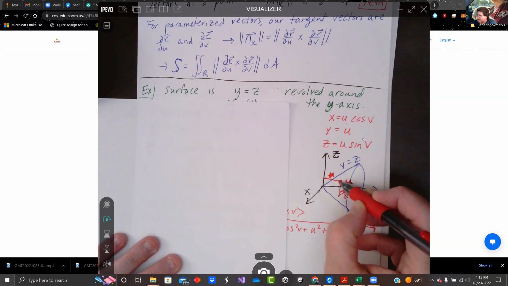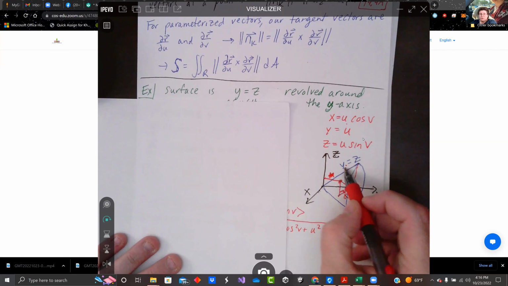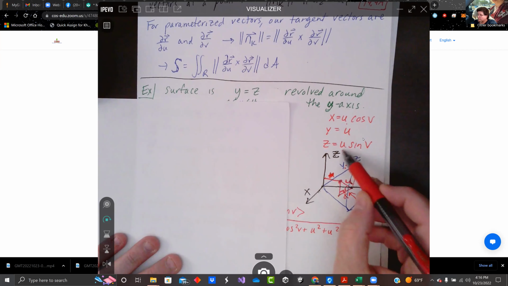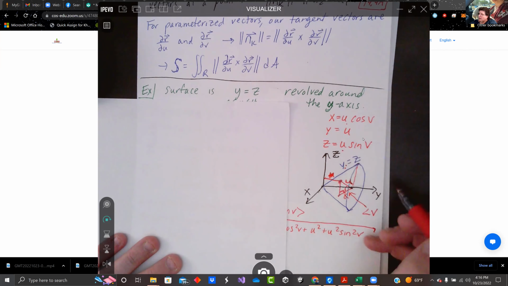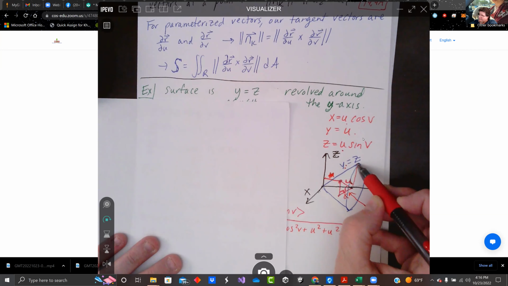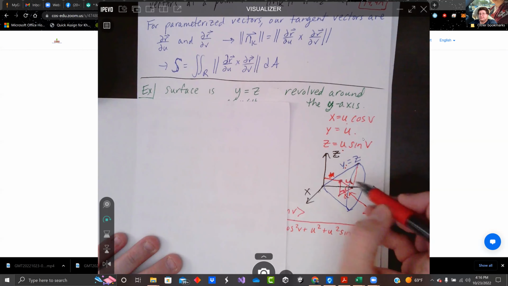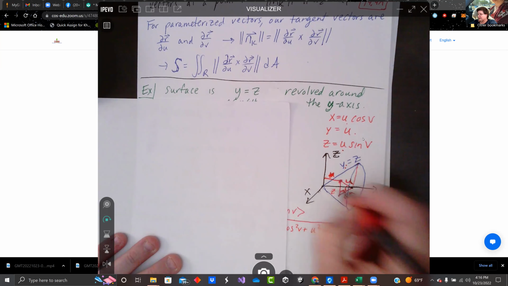You'll note when we got it pointing straight upward like this, there is a distance z, and z is y. So we're going to say y equals u. And then for any normal z, not just the straight up, the one where we're directly above the y-axis, the z component is here. We're doing u sine v.